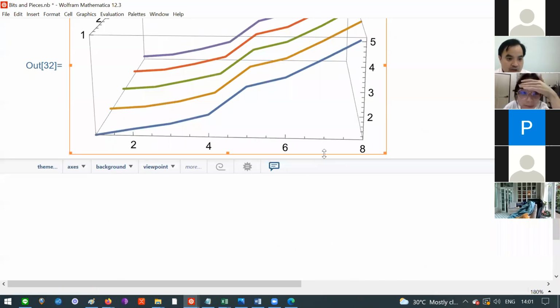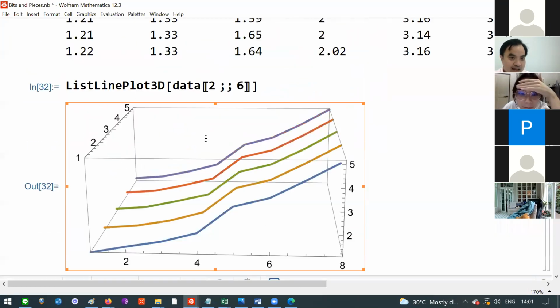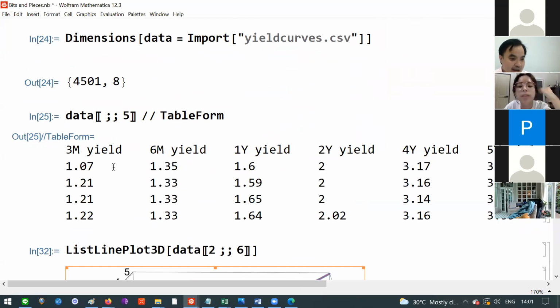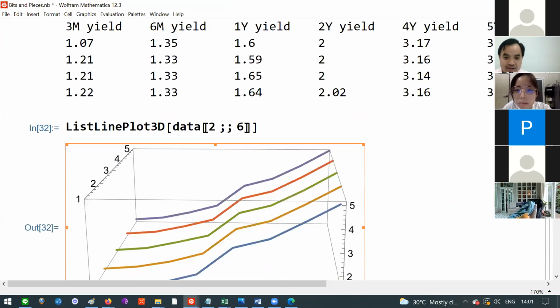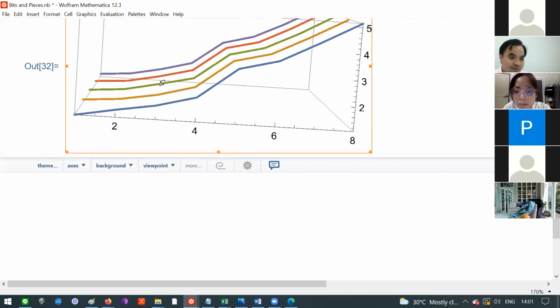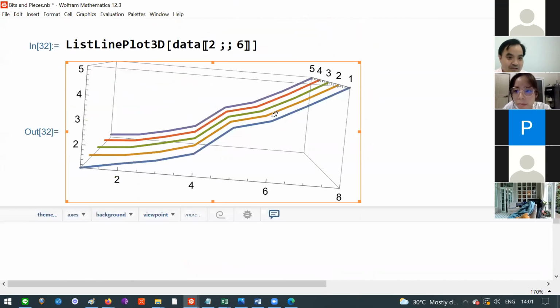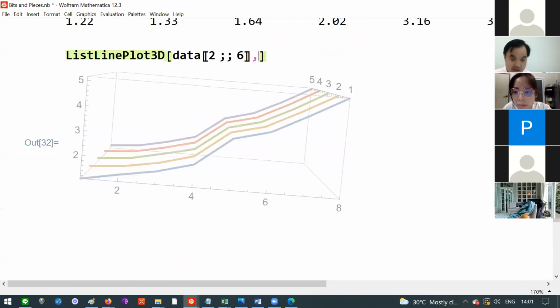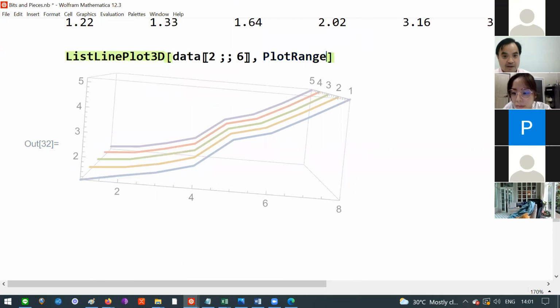If you look closely, this is 1, 1.3, 1.6, 2, 3, 5. So this is the interest rate, range 0 to 5.